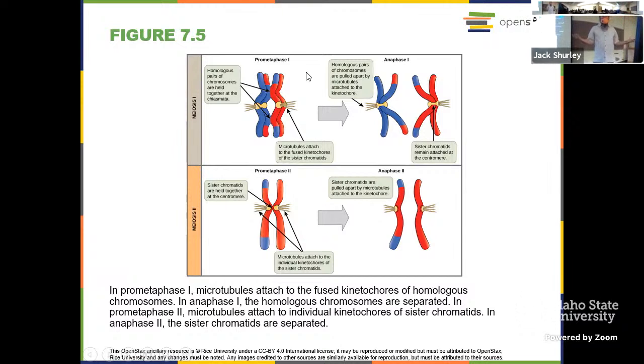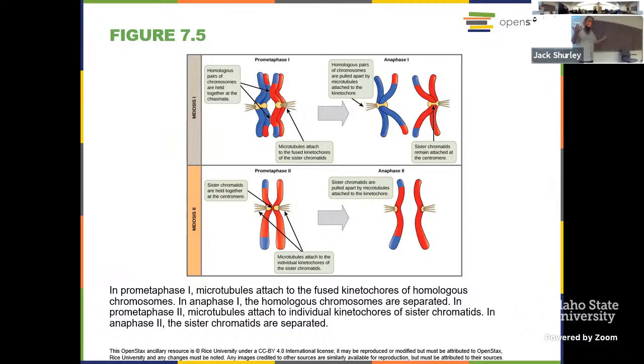When this happens, and we are just seeing the first little bit, right? With this, we've got the blues on one side, the reds on the other, and we're going to separate. This is meiosis 1, and this is meiosis 2. Like I said, it's kind of like going through mitosis twice.